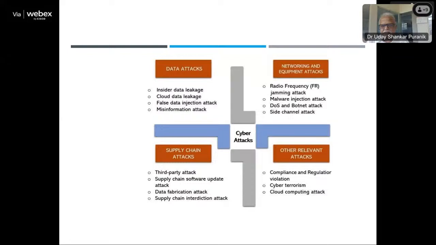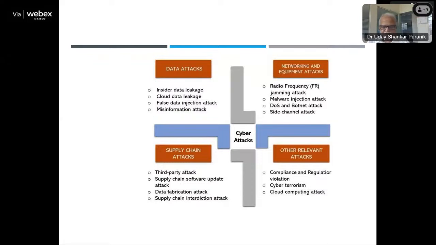Now this is on the user perspective, primarily the user side, where we talk about data and networking. Downstream, that is where supply chain attacks also happen. They may be targeting third parties in the entire supply chain of agriculture, or they may even try to give a wrong kind of software update and try to bring down the supply chain software being used.